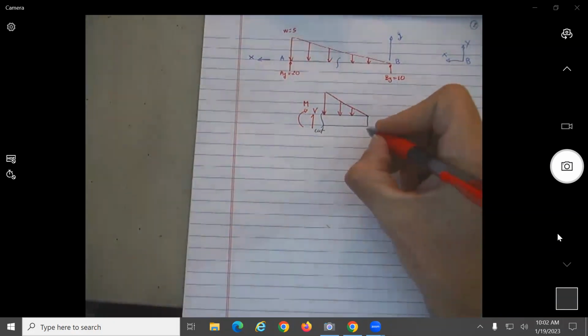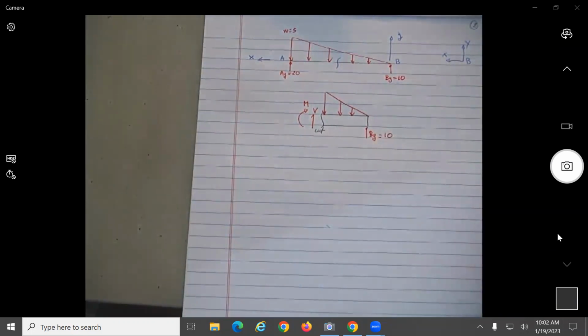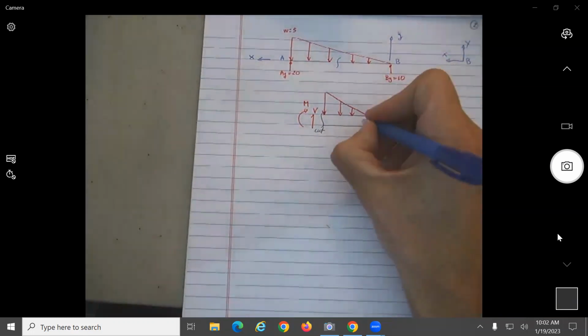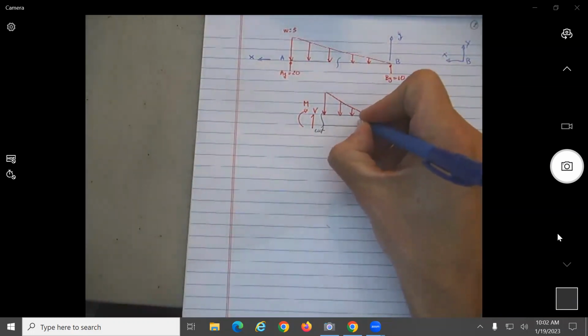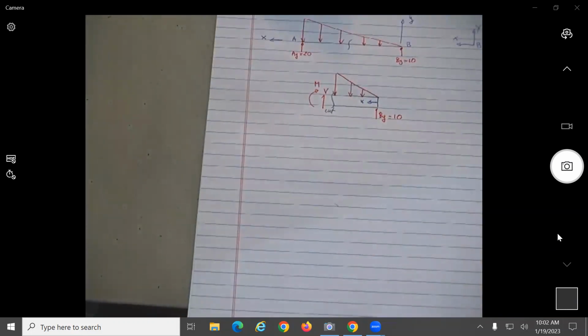What else am I missing? We're going to have here BY equal to 10. And remember, this is the original reference frame, so it will be X over here.